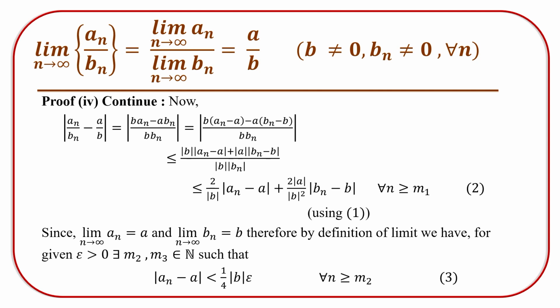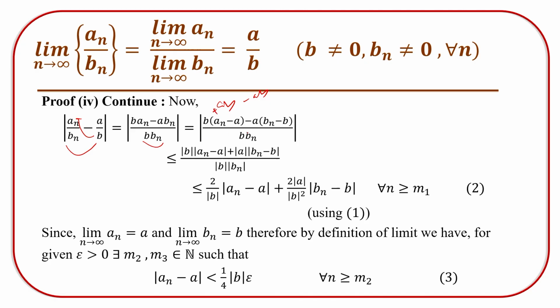So now calculate An/Bn minus A/B. Rearranging this one, taking the LCM, so B into Bn, and here B into An minus A into Bn. Rearranging these whole terms, we add AB and subtract AB here.